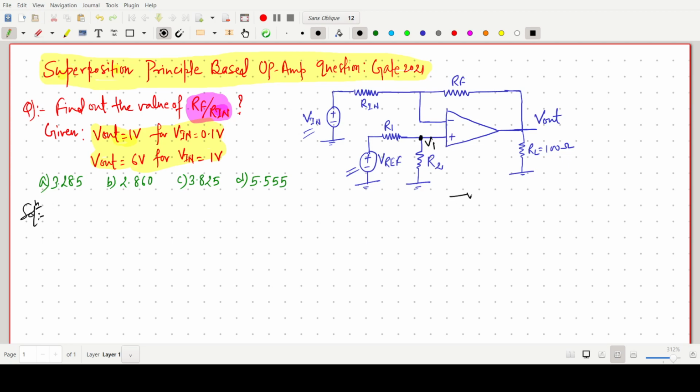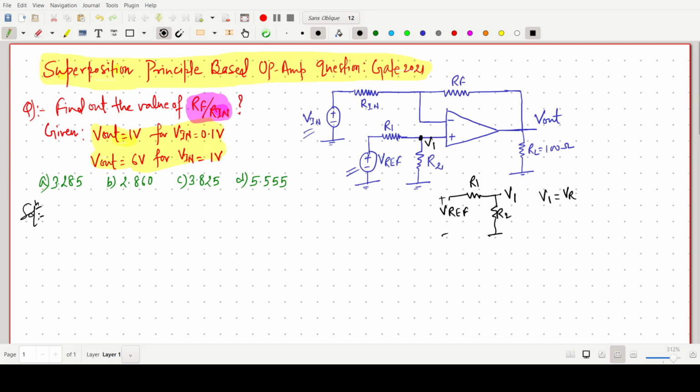For this purpose, I am drawing R1 and R2 resistances, and this voltage is V1, and this other voltage is simply our V ref. Now this V1 is found by using the voltage divider rule.